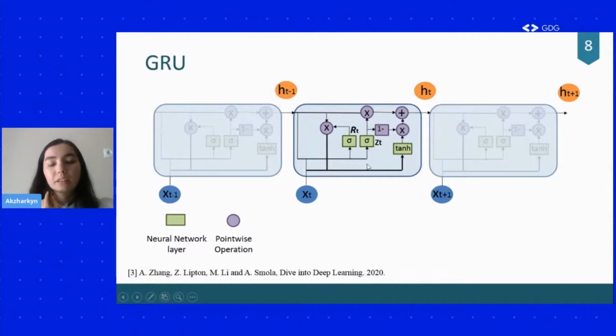Then the update gate decides how much of the input should be added to the hidden state, and it will be sent to the next time step. For example, when the update gate value is 1, the hidden state will be equal to the previous hidden state, and when the update value is 0, it means we will consider the new input.